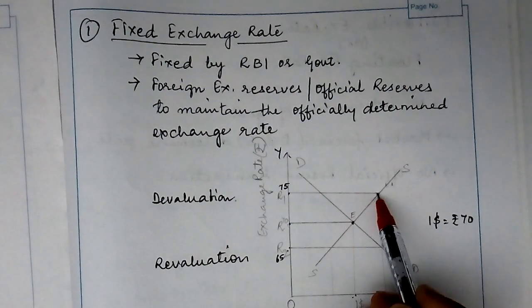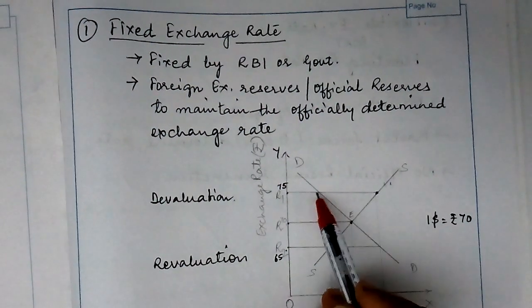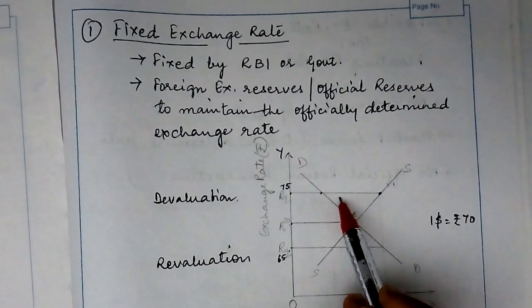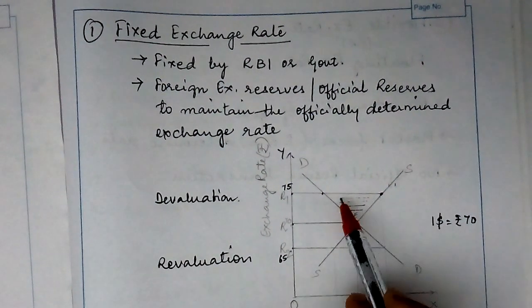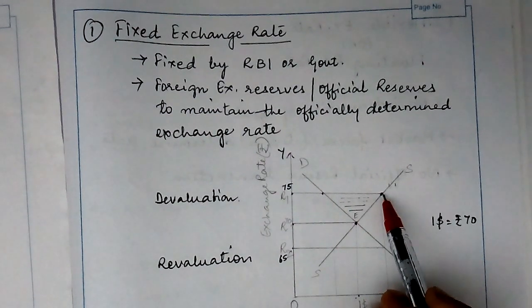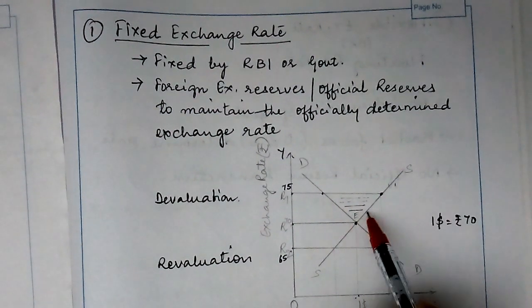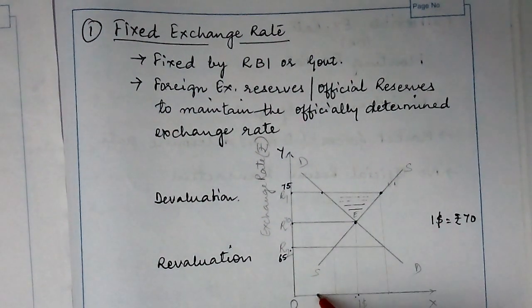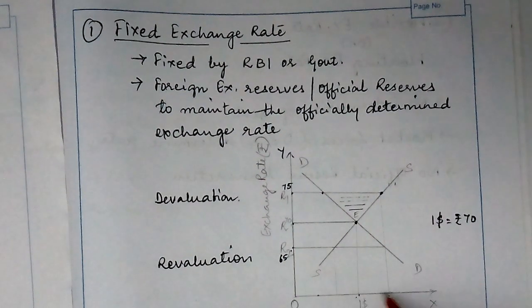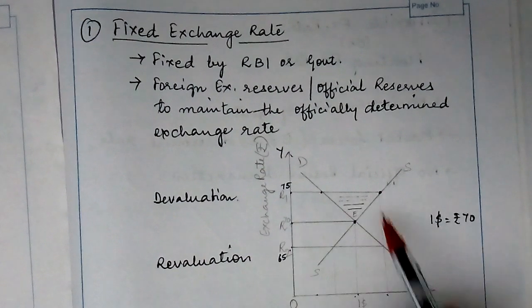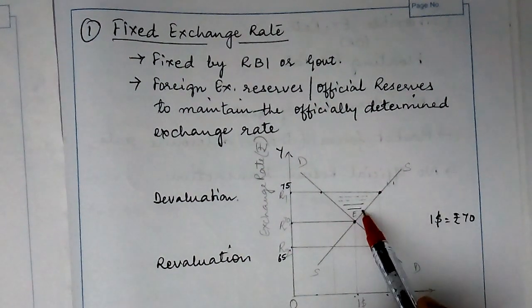In that case, the supply is at this point and demand is at this point. So this triangle shows an excess supply of the dollar. The supply of dollar is more than the demand. So this is called excess supply.